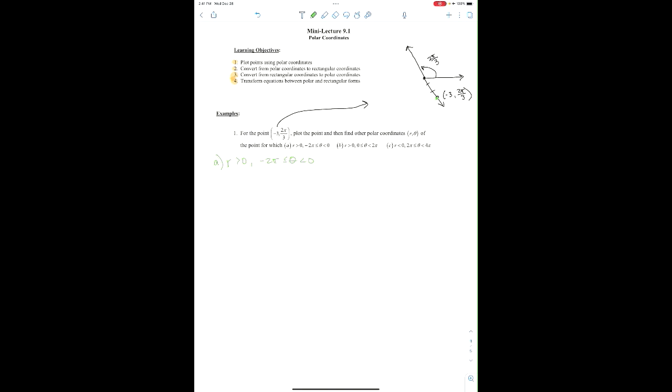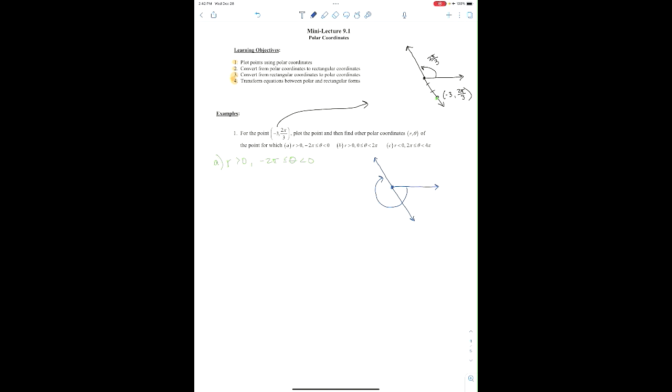So if we start here and we open in the negative direction, we're looking at this line here, and we open it going this way.